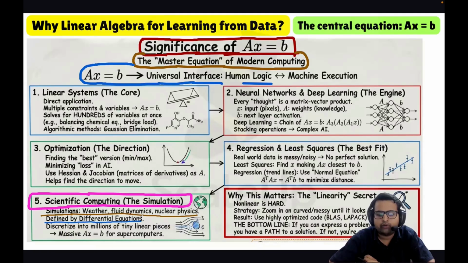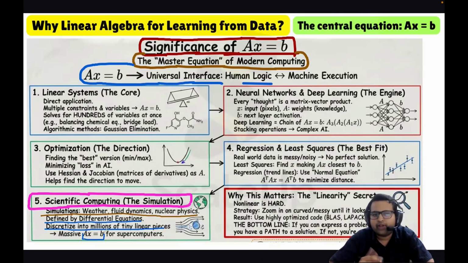Computers cannot solve differential equations directly, so they discretize differential equations into millions of tiny linear pieces. Basically, we turn a complex physics problem into a massive Ax = B problem. The tiny linear pieces are Ax = B.